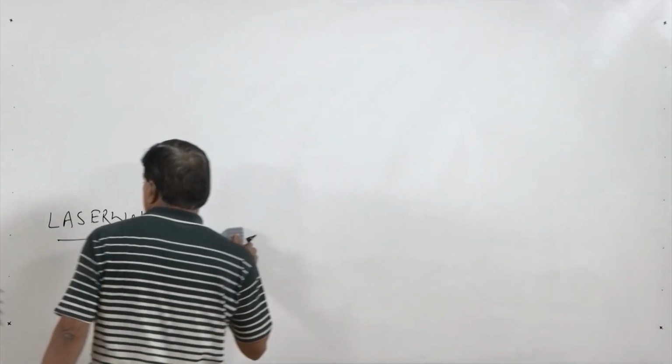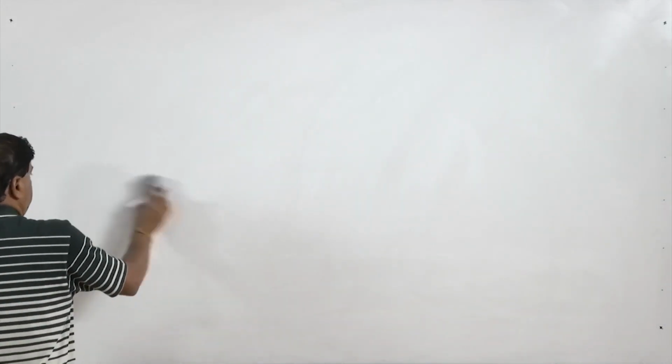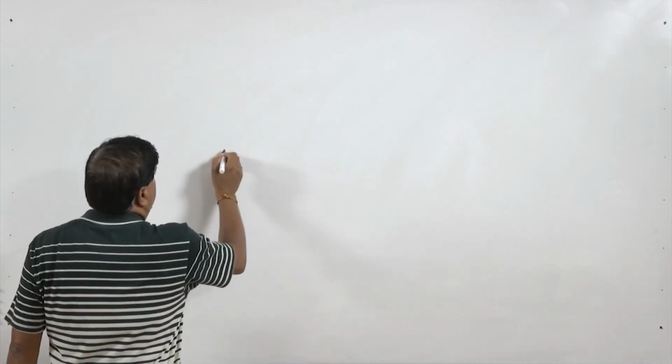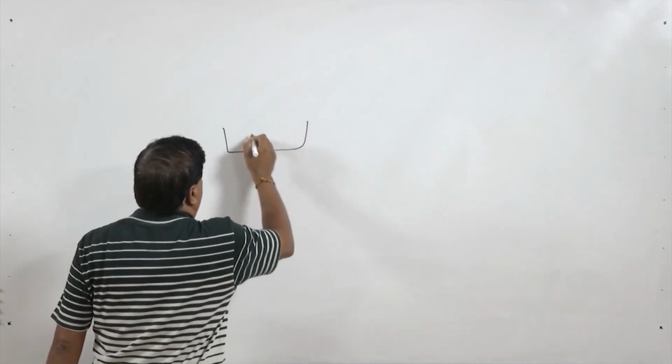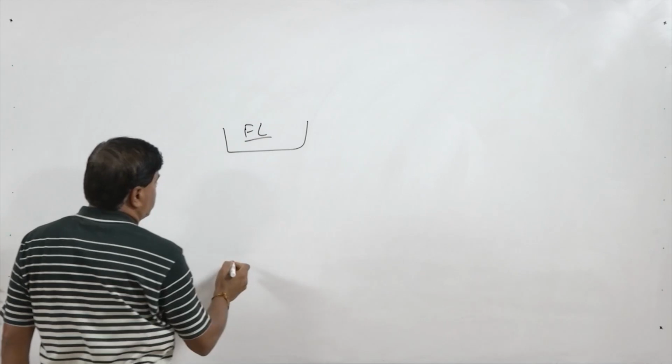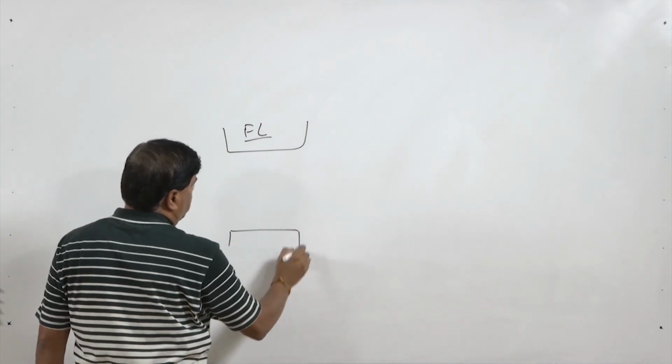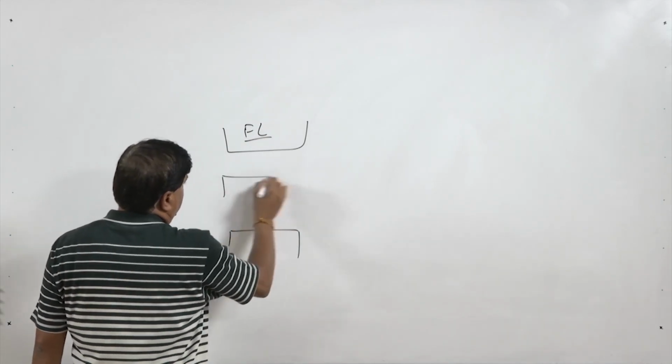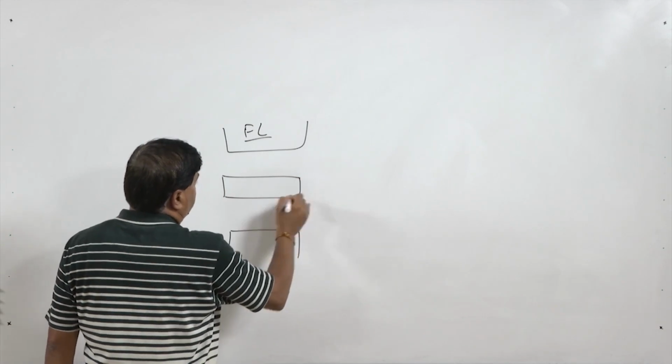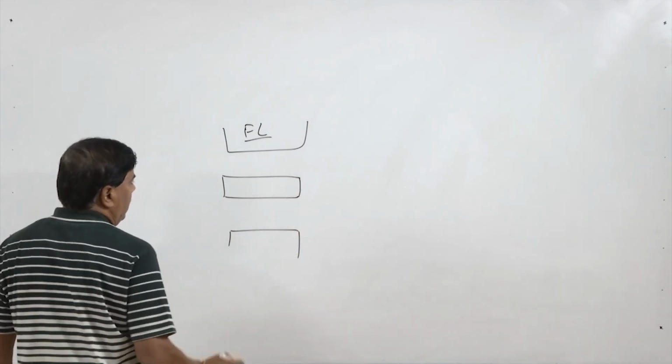In this, the most common way is that lamps, mainly called flash lamps, are used to excite the material, mostly in the form of ruby crystal.